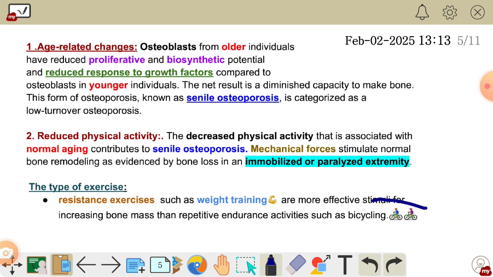So the physical activities which lead to increased bone mass are those which involve weight training, or what we call resistance exercises, as compared to endurance activities such as cycling. These ones won't stimulate the formation of bone.